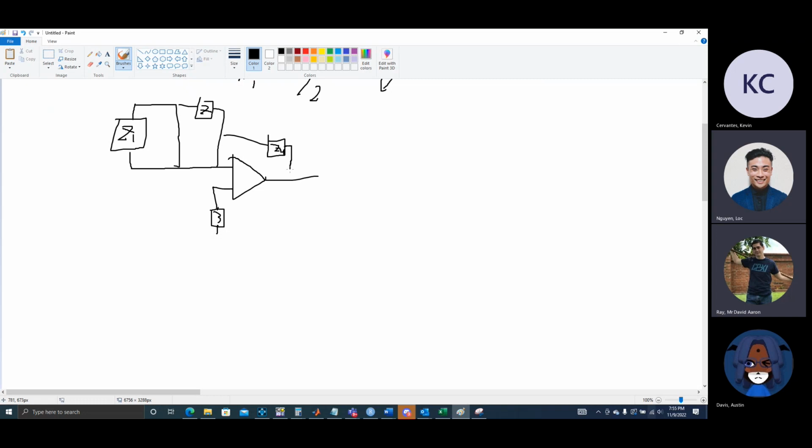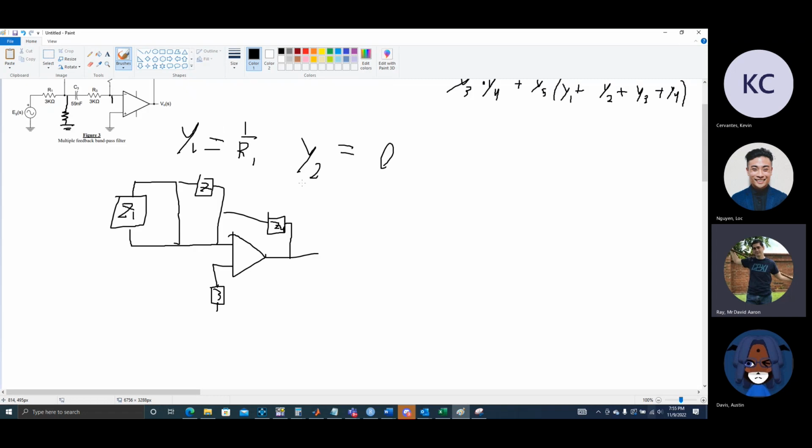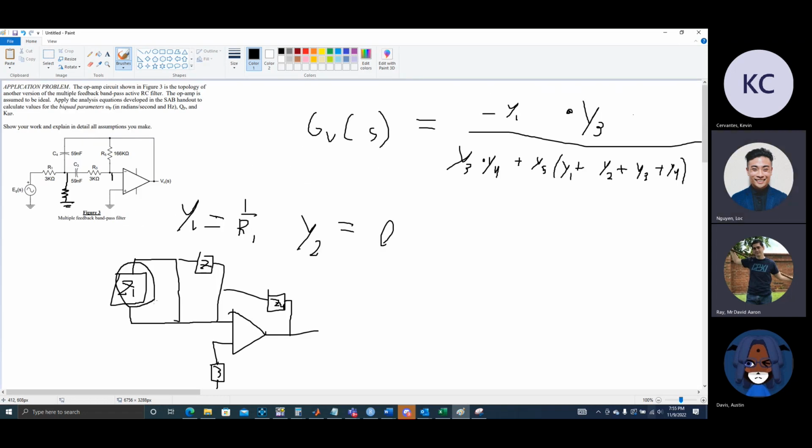You're going to get a schematic of what the basic topology of the circuit looks like, and then you're going to have to determine: is Z1 a capacitor, or if I had a resistor right here connected, and now you have a resistor and capacitor in parallel, then you have to combine the two into one, and that would be your Z1.